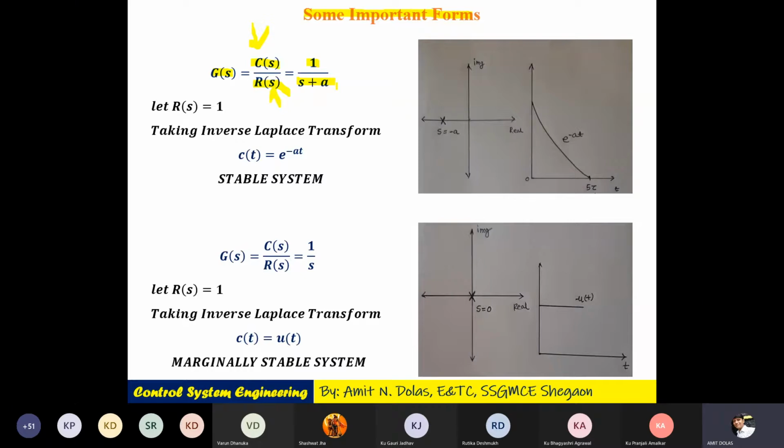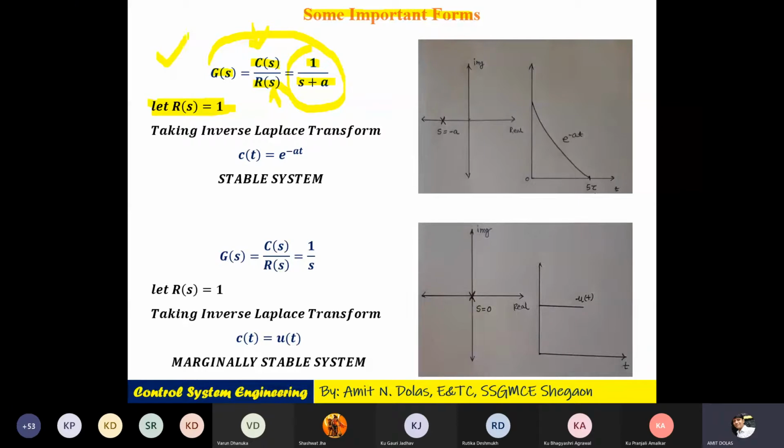We have seen in the very first lecture what 1 by s plus a means. So we will take the impulse response. Impulse response means your input R(s) is 1. So putting R(s) equal to 1, your G(s) will be 1 upon s plus a.